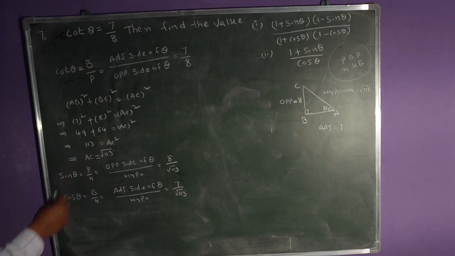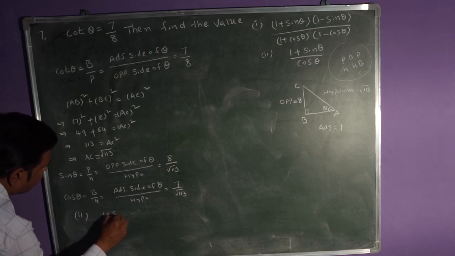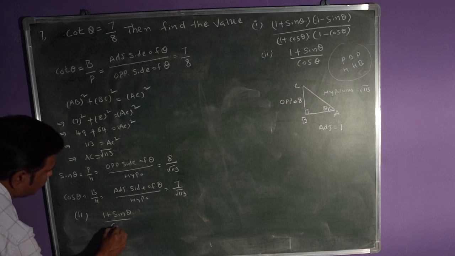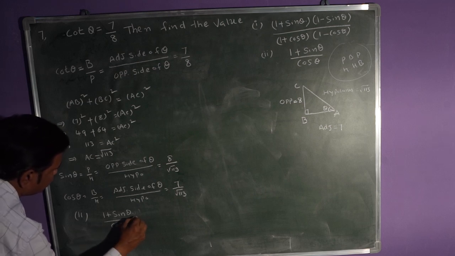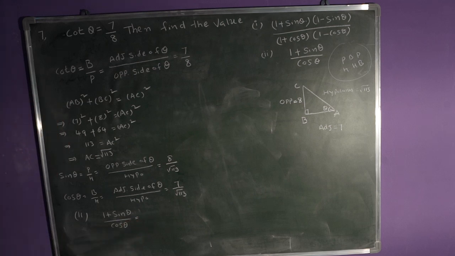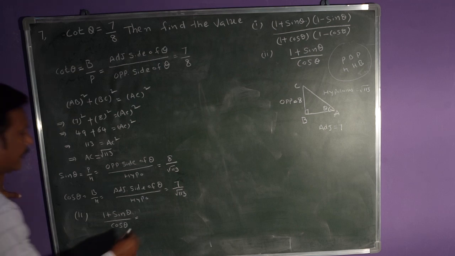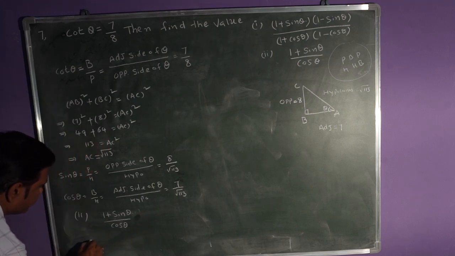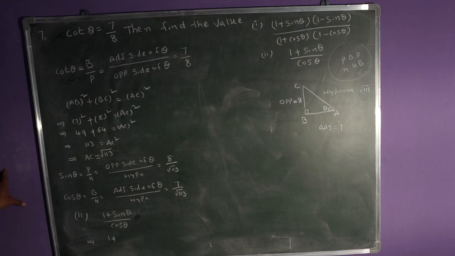What is the second one? The second one is 1 plus sine theta by cos theta, which is equal to 1 plus, this implies 1 plus sine theta.